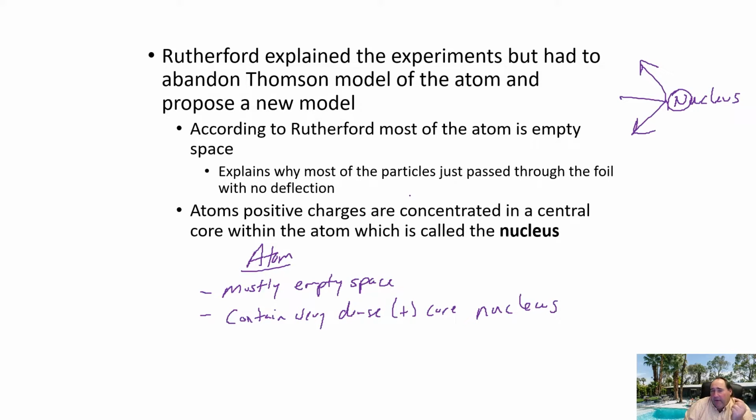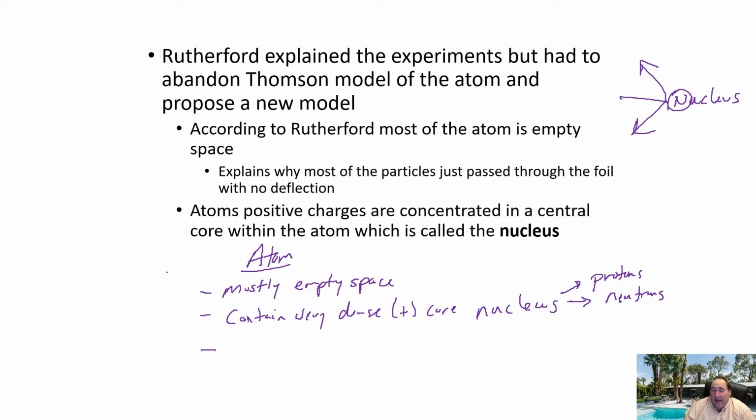And later on, as we'll talk about, it was discovered that the nucleus contains our protons. And later on, like in the 1930s, it was found that it also contains neutrons. Lastly, and really the major departure from the Plum Pudding model: if you remember, the Plum Pudding model had the idea that most of the atom's mass was made up of those electrons.